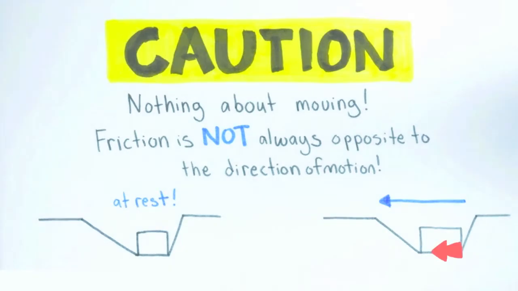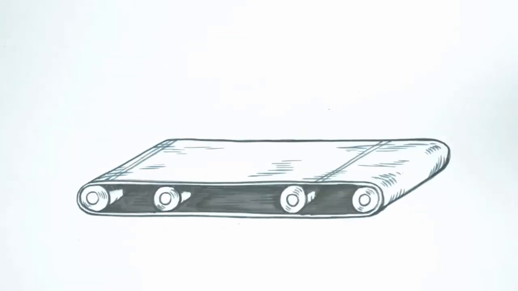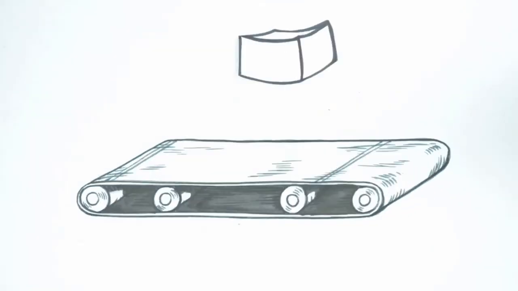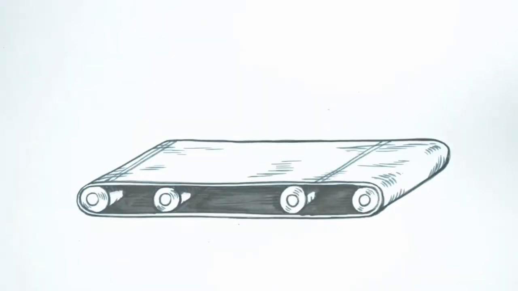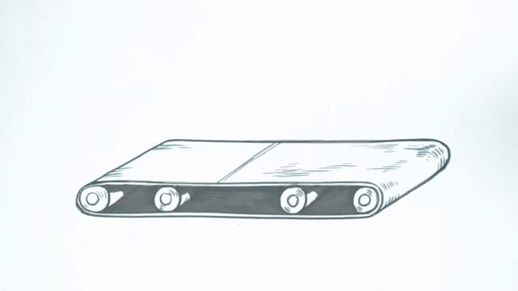For example, if our solid is a moving conveyor belt and we just dropped the block onto this, then the compression and stretching of atoms in the conveyor belt would be such that the friction force on the block would be in the same direction that the block would be moving. The same direction at least until the block comes up to the same speed as the conveyor belt.